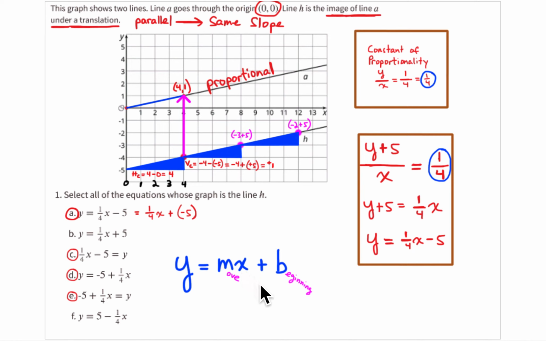But you also have to remember to add the beginning amount, which is where it crosses the y-axis or the vertical axis, and call that the y-intercept or the vertical intercept. So that's the beginning amount. And in this case, it was -5, which was rewritten as subtracting a +5 or subtracting 5. So we're going to get to here. This is the point of this lesson, and much of what we're going to do throughout the rest of 8th grade is to understand how to use this equation.